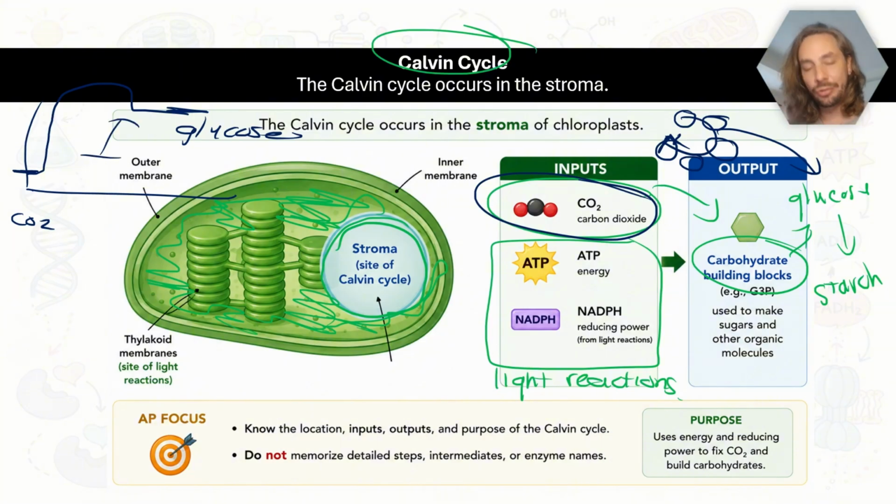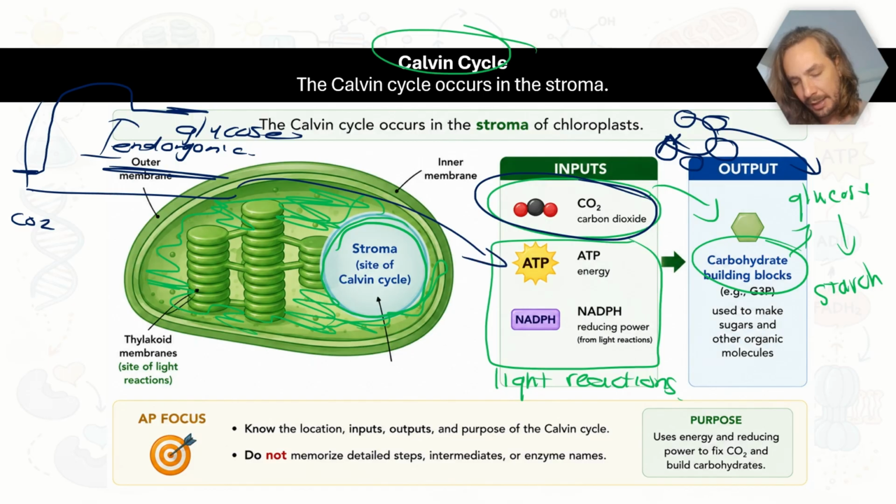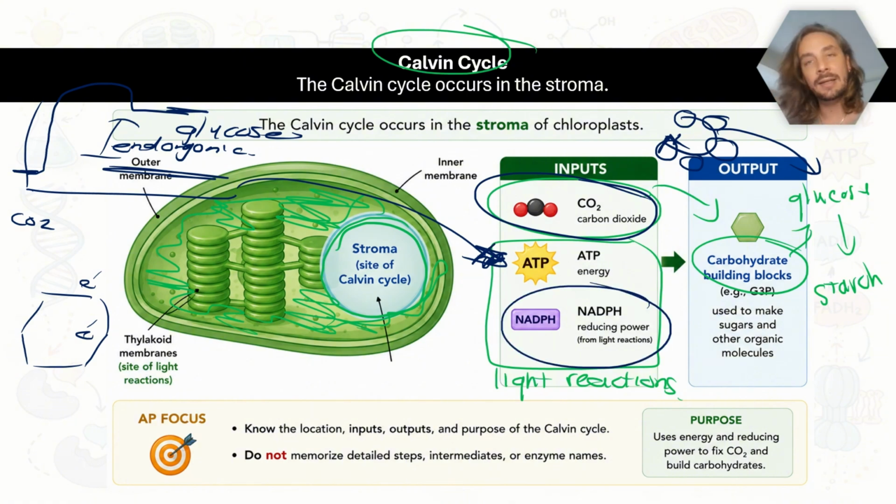It is an endergonic process. So it needs that energy from somewhere, and it gets that energy from ATP. Now, in order also to build a molecule, we need electrons, and it gets those electrons from NADPH. And remember, NADPH got its electrons from water that was split. So that is how the Calvin cycle ultimately makes a carbohydrate building block.